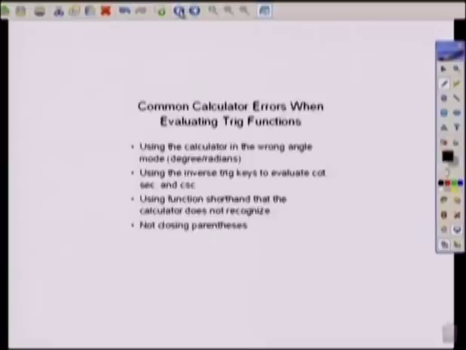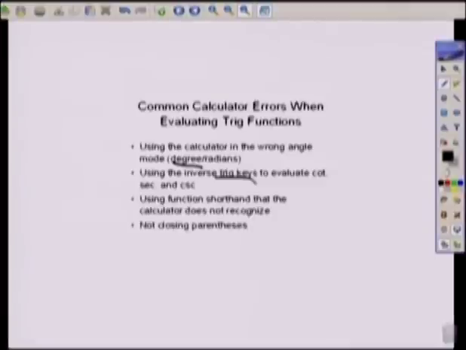So we've hit on the first couple here. It's important that we are in degree mode if we're dealing with degrees. Later on in chapter 7, section 1, we'll look at radian mode. Don't use the inverse trig keys. Use the reciprocal button. Take it 1 over, or use the negative first power. Another pitfall is using function shorthand that the calculator doesn't recognize.